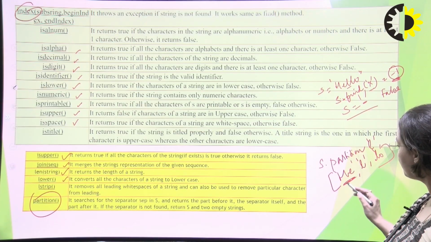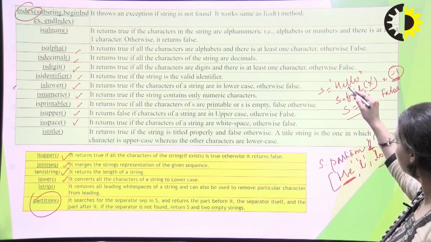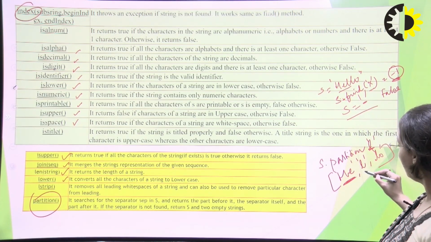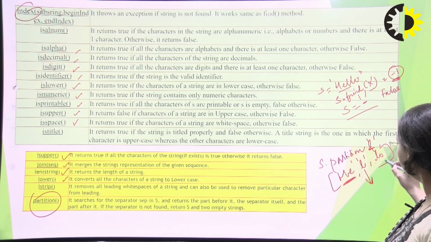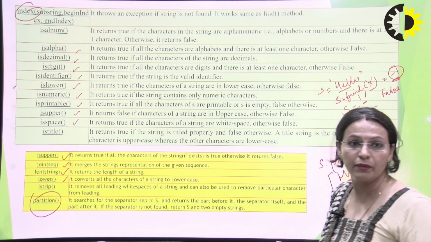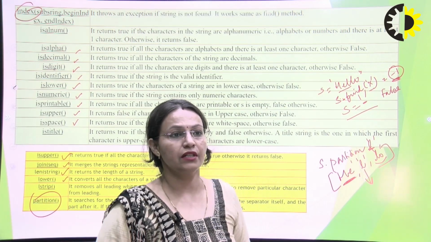First is the string before the partition, that is this portion. Second is the partition value itself. Then the third is after the partition, whatever substring remains, it will return the same.